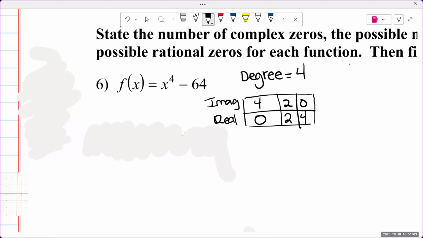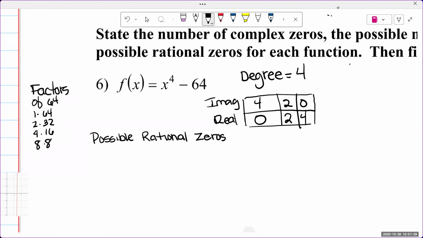Next, possible rational zeros. Okay, that is the p's over q's. So for the p's over q's, we need the factors of the end number, the constant term, the one without a variable, that's going to go on top. And on the bottom are the factors of the leading coefficient.